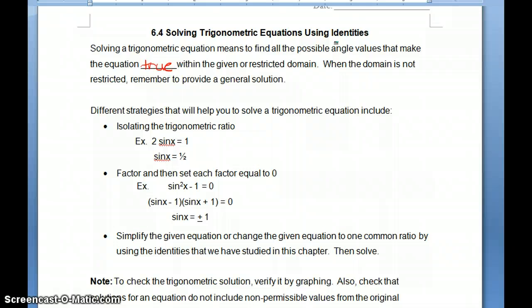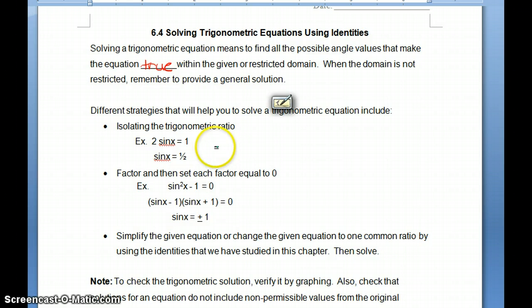Okay, so some different strategies that we'll look at when we're solving these trigonometric equations. Your first strategy, we can isolate the trigonometric ratio. So in this example, we have 2 sine x is equal to 1, and we want to get sine of x by itself, so we divide each side by 2, and we find that sine of x is equal to 1/2.